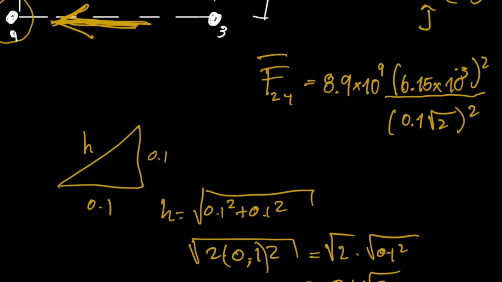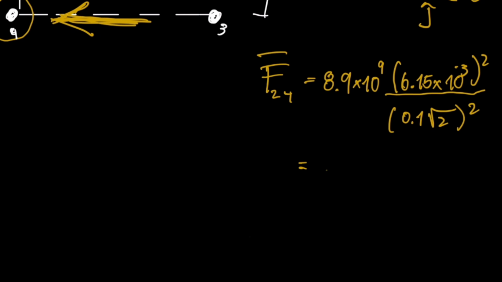That's why in any right triangle in which two sides are equal, the hypotenuse is just the same value times the square root of 2 always. So that's going to reduce time. That gives me 16.8 times 10 to the 6 newtons.